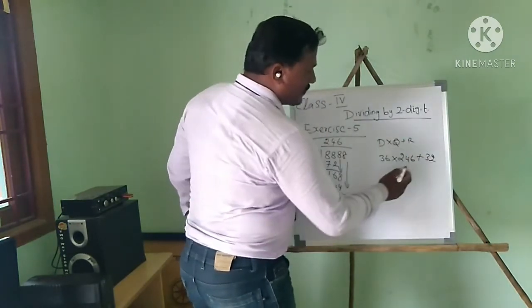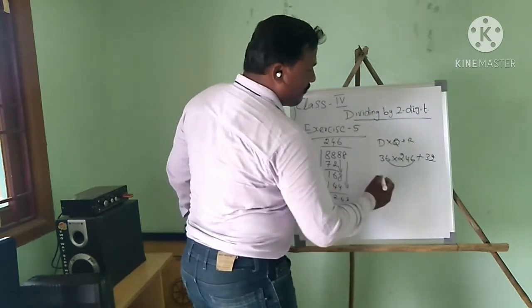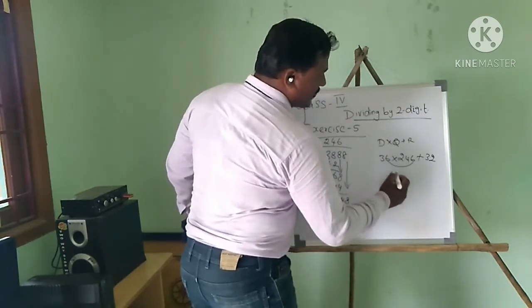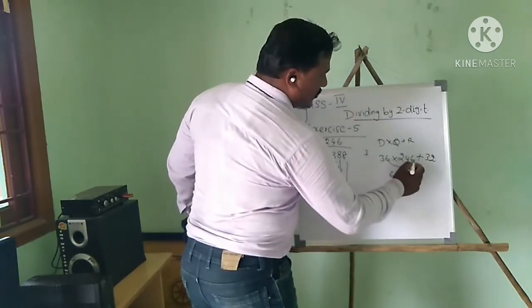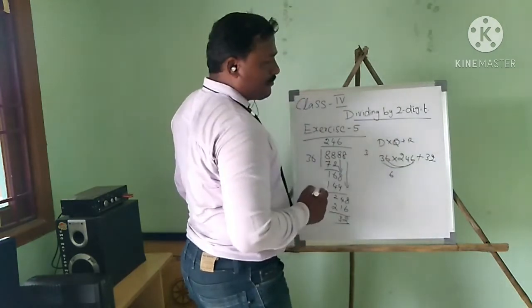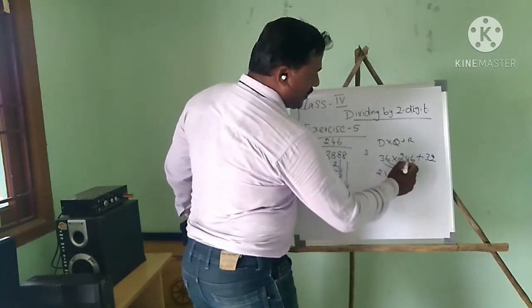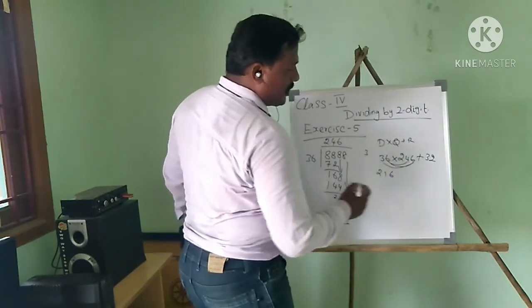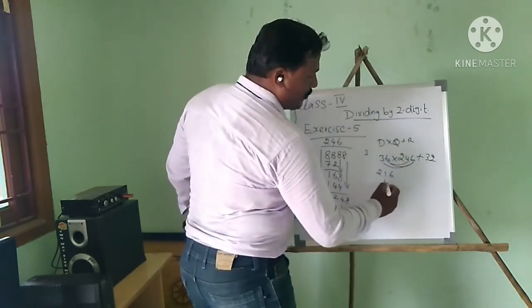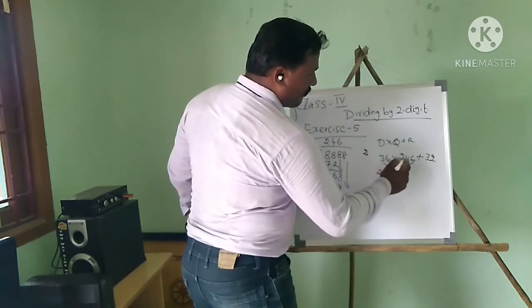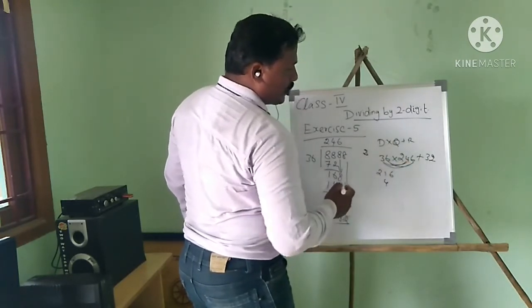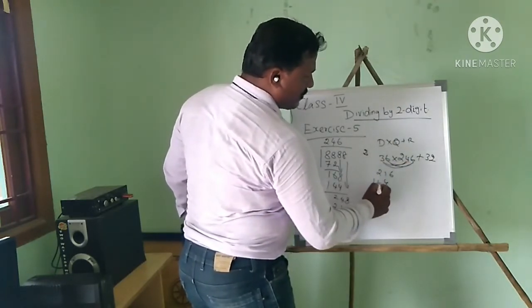Okay. So first I will multiply: 6 sixes are 36, remainder 3. 6 threes are 18 plus 3, 21. Okay. Then 4 sixes are 24, remainder 2. Then 4 threes are 12 plus 2, 14. Okay.